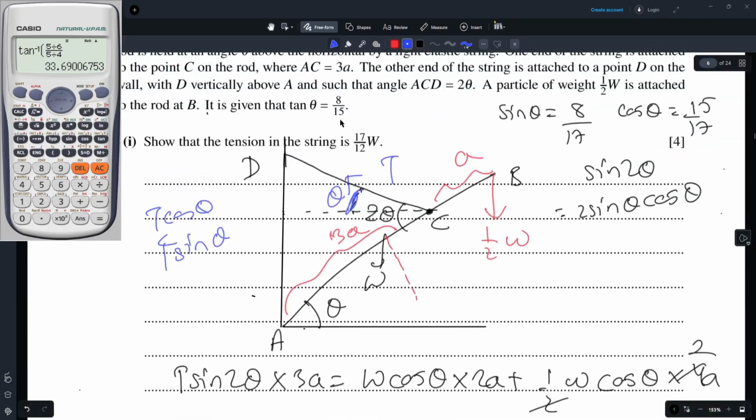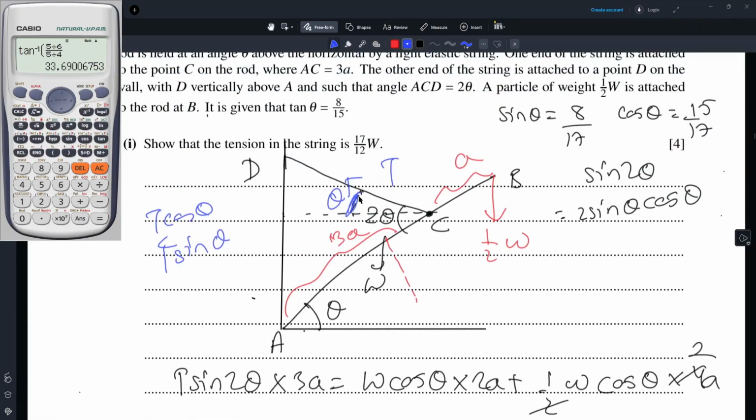Hold on. Actually, let me tell you. This is supposed to be isosceles, right? Because if this is theta and this is theta, due to horizontal, this is theta, this is theta. If this is 3a, this is supposed to be a length, and then we have this length. If this is one length, this is theta, then due to that, the hypotenuse is going to be the same length, isn't it?